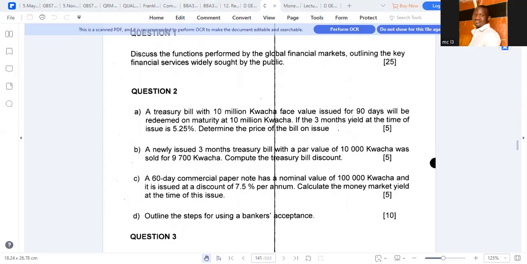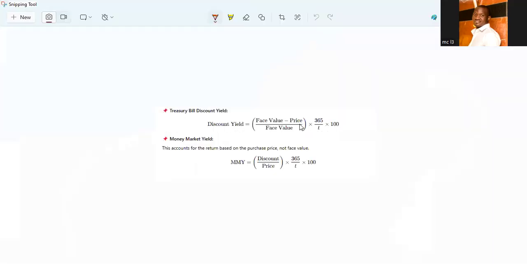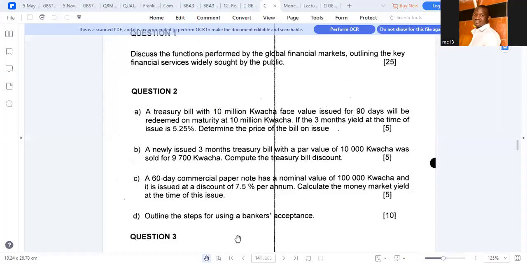The treasury bill is given by face value minus price over face value, times 365 divided by time, times 100. So in this regard, what are we given in our question? Identify the parameters that have been given there.